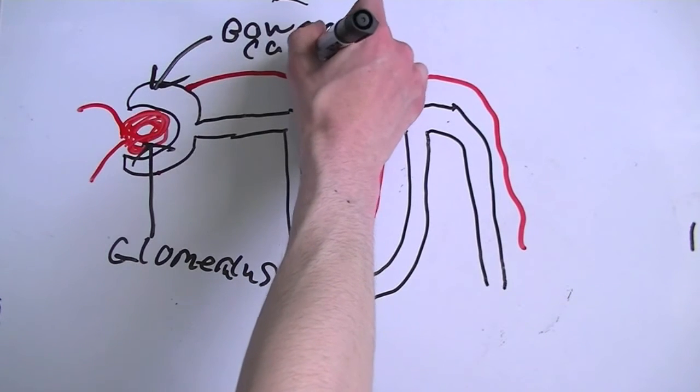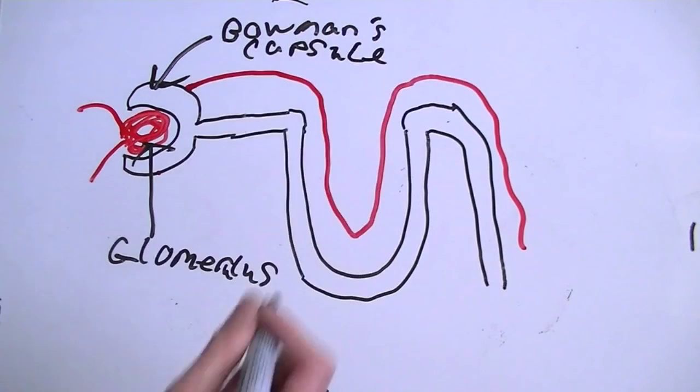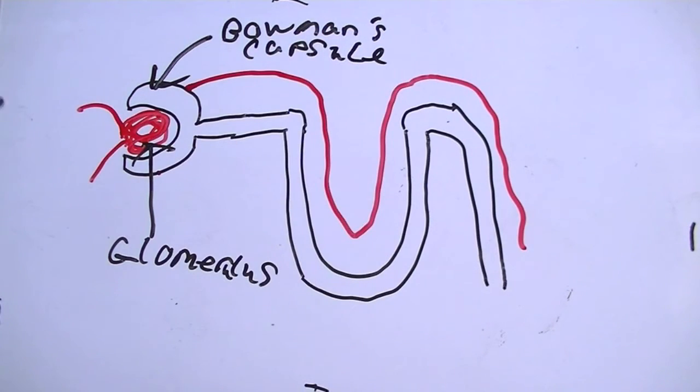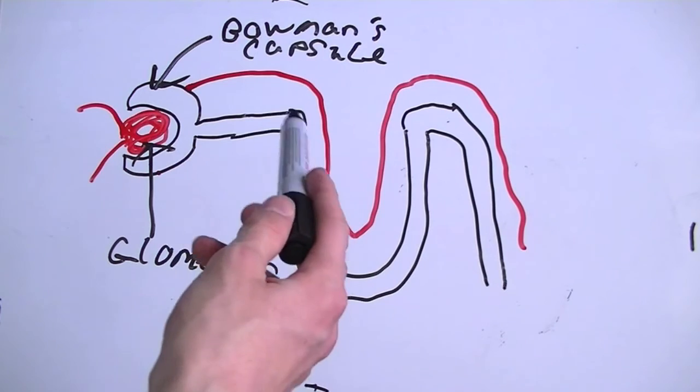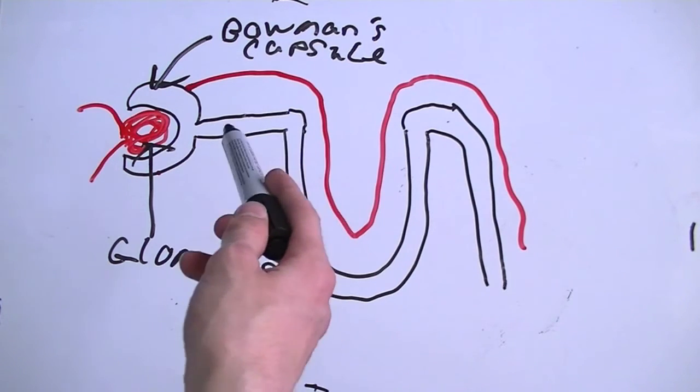Okay? And it all filters into this Bowman's capsule, and it's now in the nephron, okay? So then, from this Bowman's capsule, it moves through this tube here.